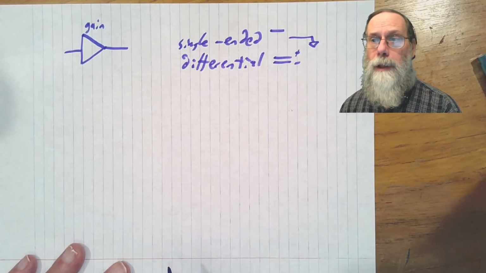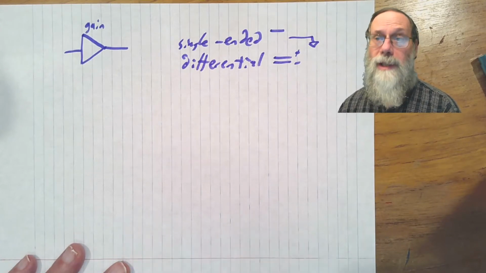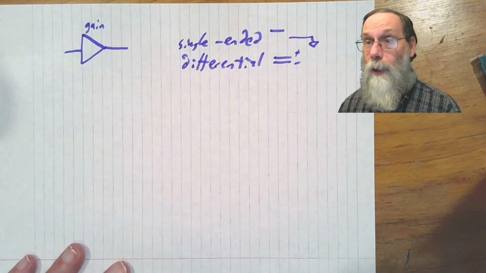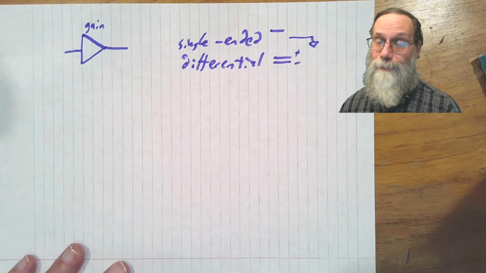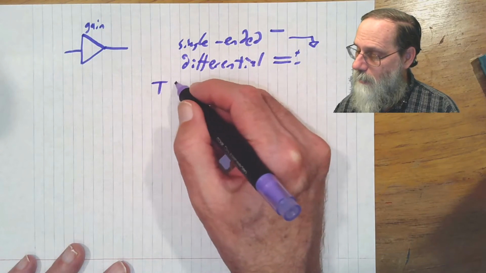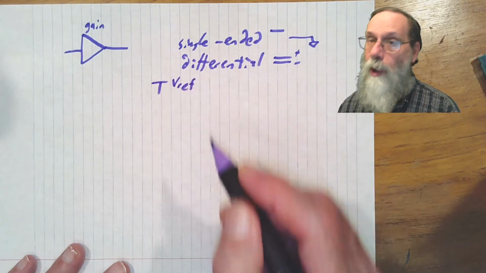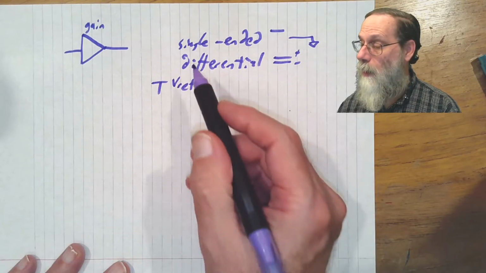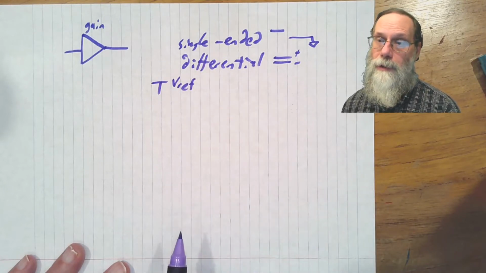But when we're dealing, as we do in this class, with a single power supply, ground is not a very convenient voltage reference because you can never go below it in your system. So we often have a special voltage which we call Vref, which is the reference voltage for the single-ended signals.